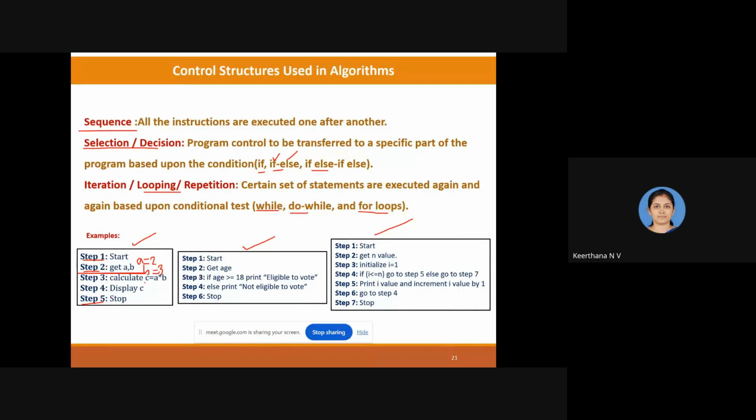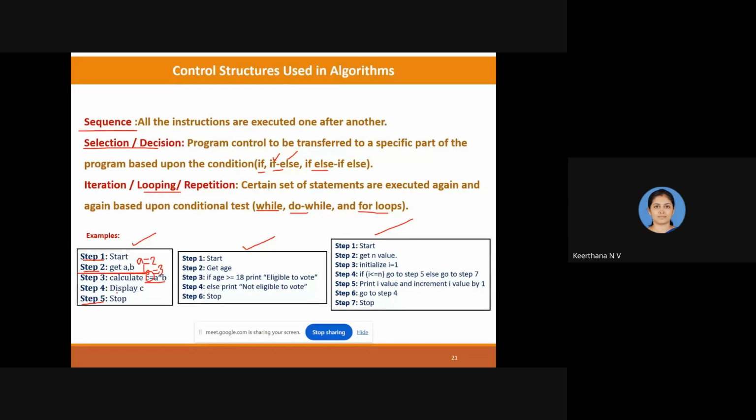You can write the function as it is here, or you can write it in words: multiply A and B and store it in a third variable C. Or else you can write calculate C equal to A star B, which means these two numbers will be multiplied and stored in the third variable C.